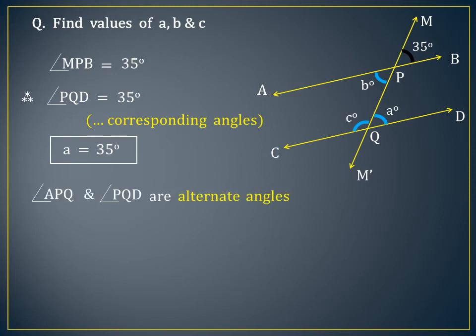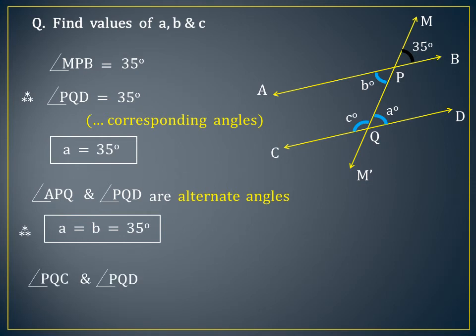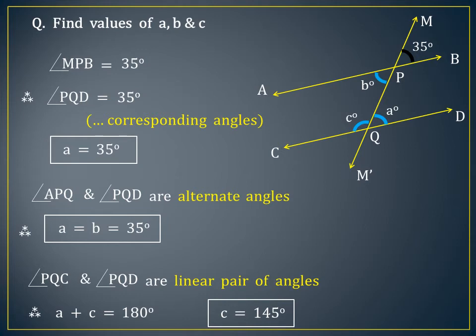Now angle B and angle A form a Z, that is, they are alternate angles, so their values will be equal. So even B is 35 degrees. And lastly, angles A and C have PQ as the common arm and the other arms are forming a straight line. So they are a linear pair and their sum adds up to 180 degrees. Therefore angle C is equal to 180 minus 35, which is 145 degrees.